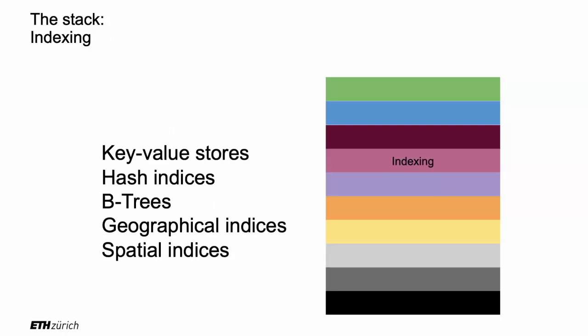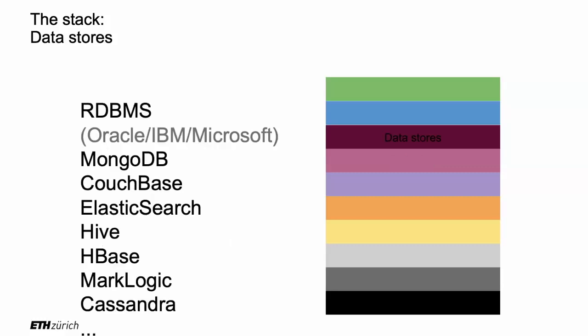I'll tell you about indices. We're reaching the end of the semester now. So how to index data, just like what you have at the end of the books to make it faster. We'll look at data stores. What we call a data store would be a full-fledged product that provides you with data storage and a way to process and manipulate the data, but without necessarily a language like SQL.